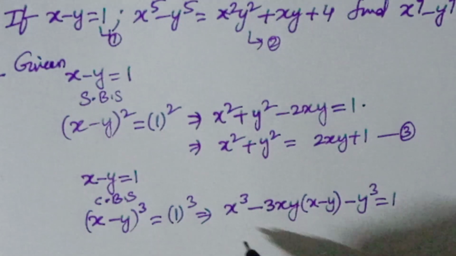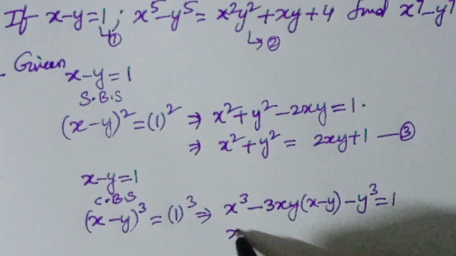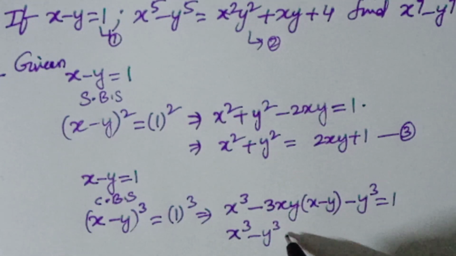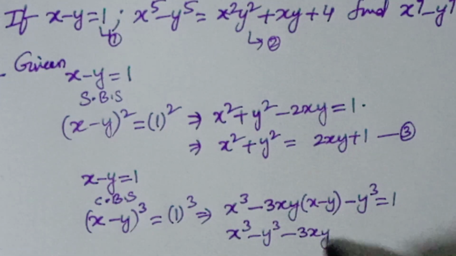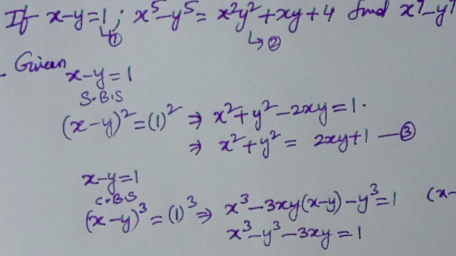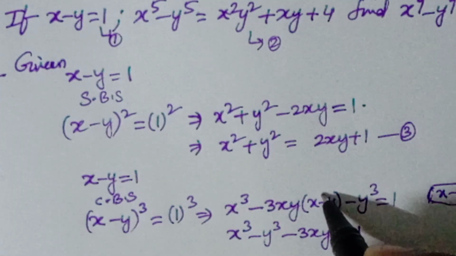So this can be written as x cube minus y cube minus 3xy is equal to 1. Why? Because x minus y value is 1 now. From first one this value is 1.